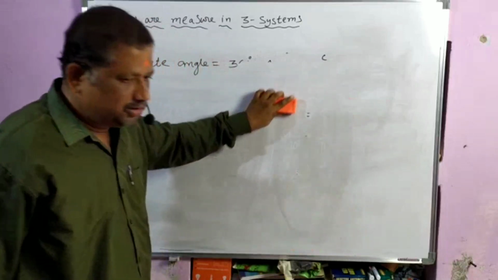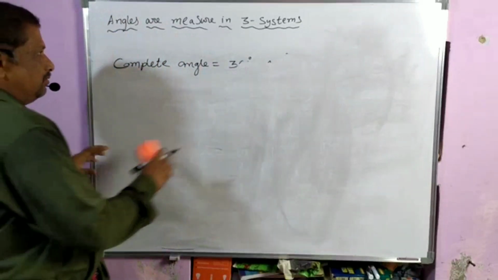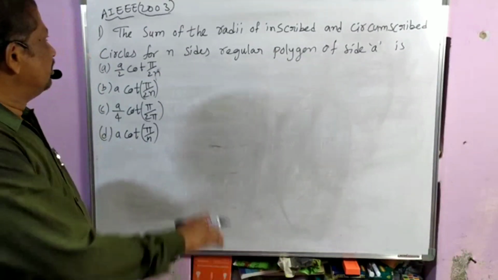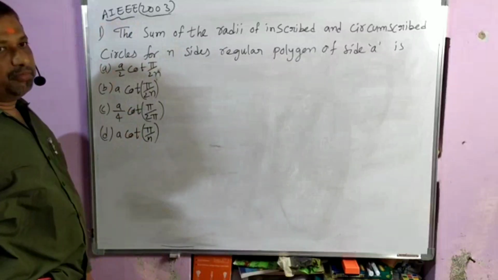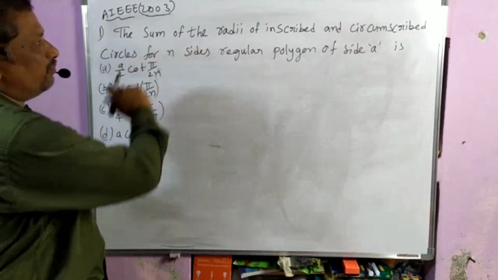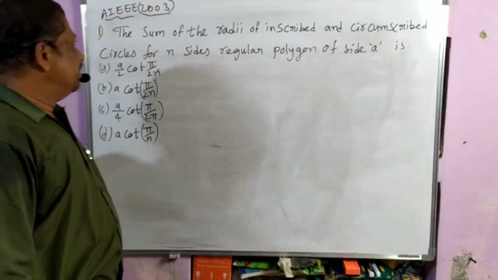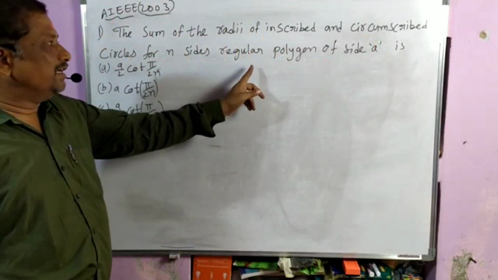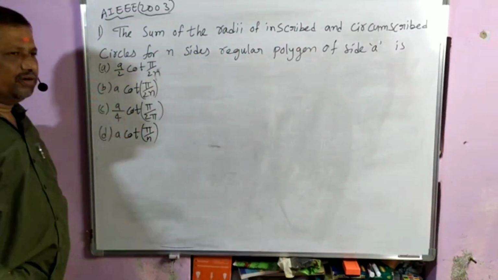First question I will write. Okay, it is AIEEE previous paper 2003. The sum of the radii of inscribed and circumscribed circles for an n-side regular polygon of side A is, four options are given.